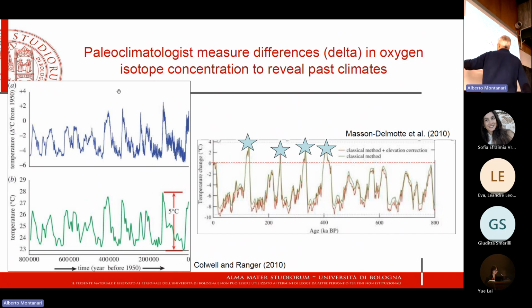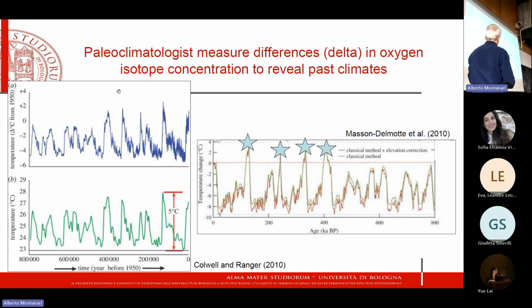And here you see again temperature, from today to 800,000 years ago, and this is temperature change from the temperature of 1950.